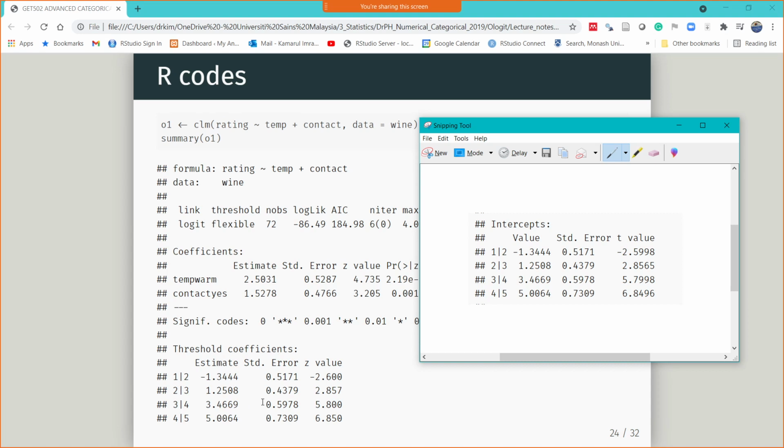It's just that one comes from the ordinal package and the other one comes from the MASS package.